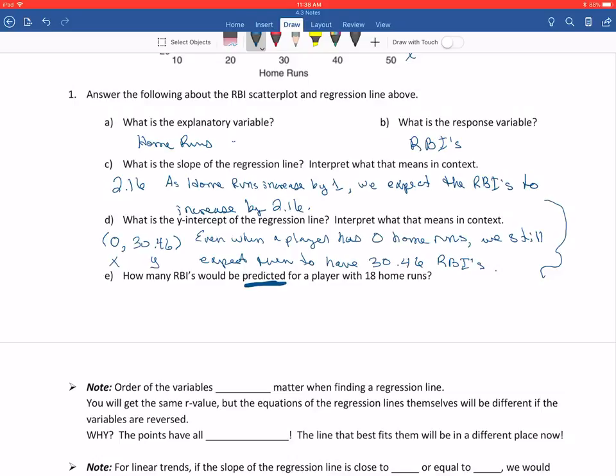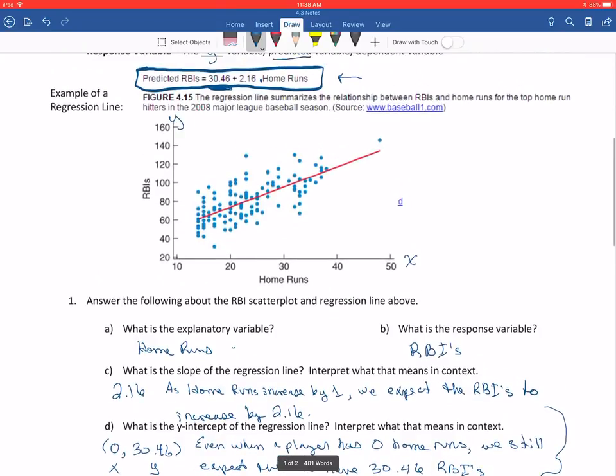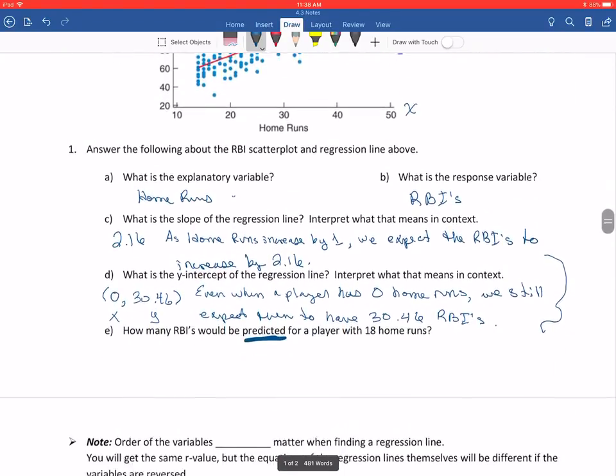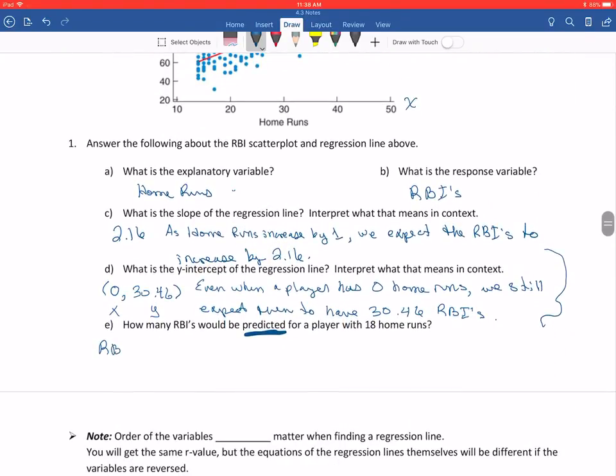Anytime they want you to predict, you're going to go up and use that regression equation and sub the appropriate numbers in the appropriate places. So I'm going to remind myself of what that is. RBIs equals 30.46 plus 2.16 home runs. And here they want to put 18 in as the home run.